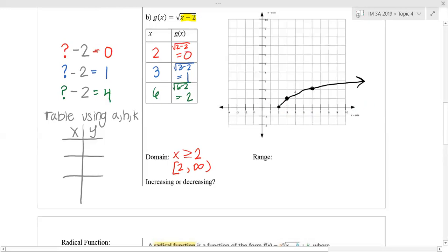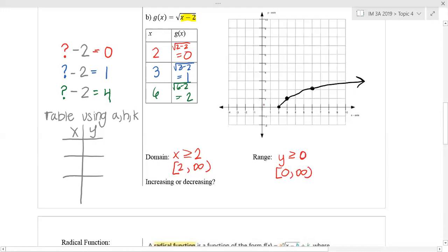It's not increasing very fast, but it is increasing, so it will eventually get to infinity vertically as well. And so that means that my range is also a greater than or equal to value. And so the range is y is greater than or equal to 0, because 0 is that first y coordinate. Again, if I prefer to write that as an interval, I would write that as from 0 to infinity.